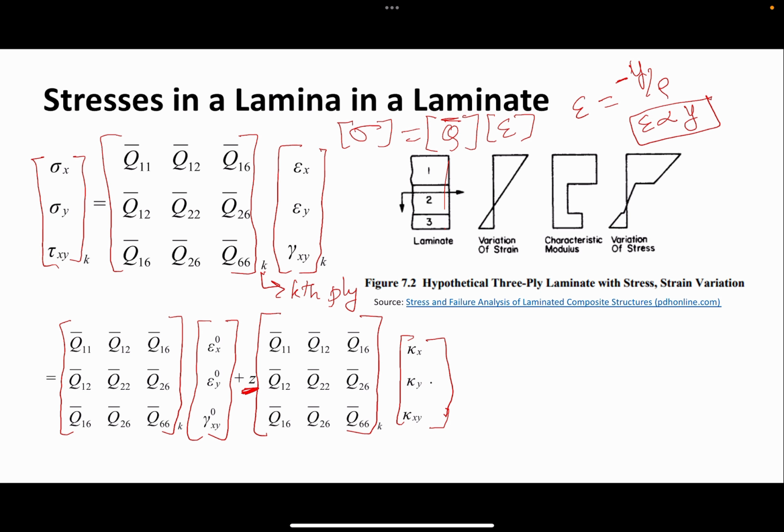That's why you have this linear variation of strain. But of course, each layer has its own modulus. That difference in properties is reflected as a non-linear stress variation. The stress jumps when the layer changes, and as you add more plies it gets more complicated, or the jumps vary.